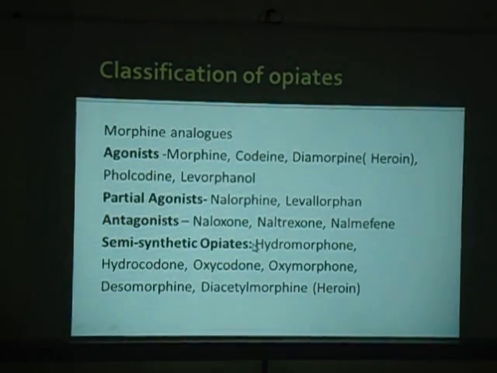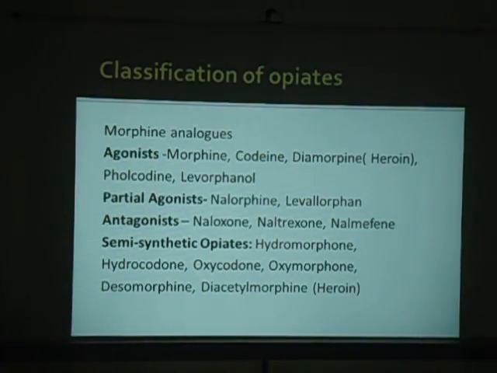Antagonists are naloxone, naltrexone and nalmefene. The presence of these antagonists helps us to treat patients with opioid abuse. Semisynthetic agents include hydromorphone, hydrocodone, oxycodone, desomorphine and heroin.